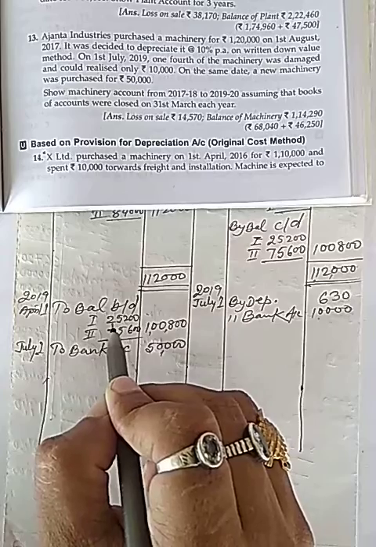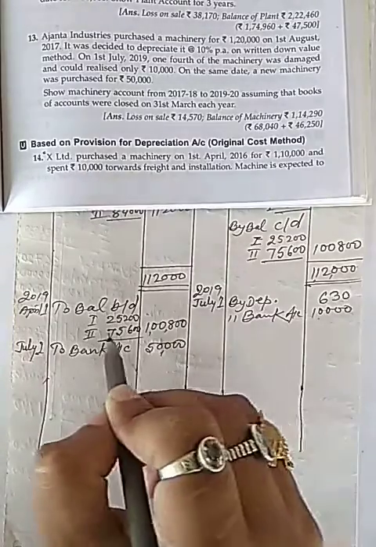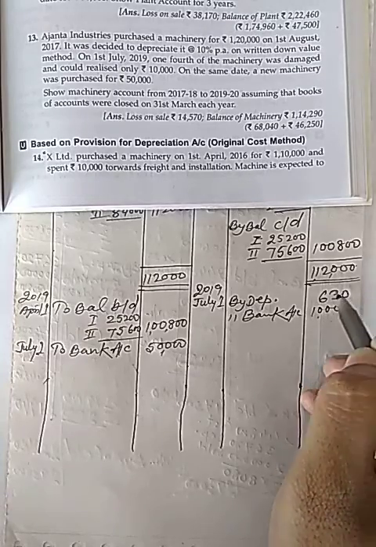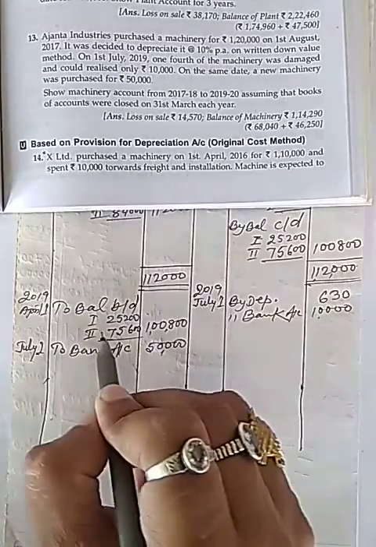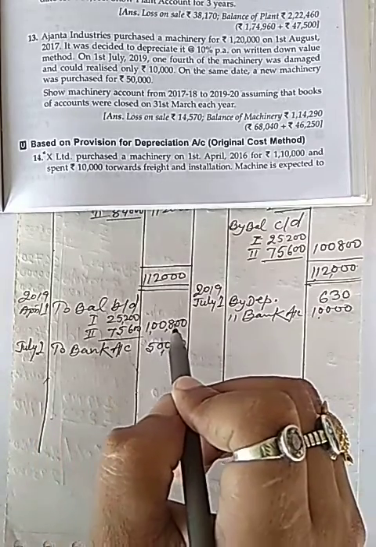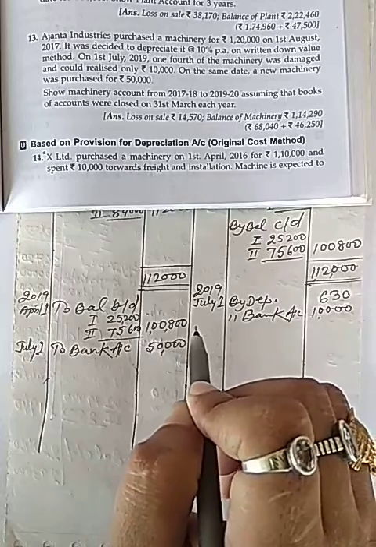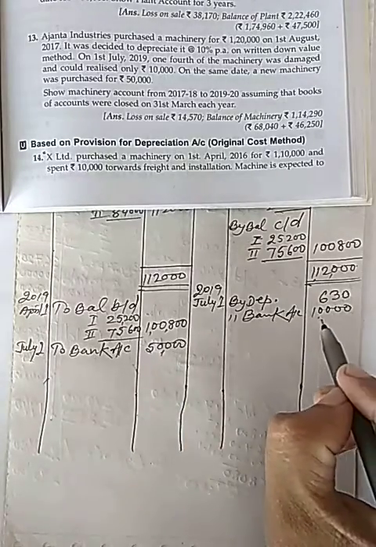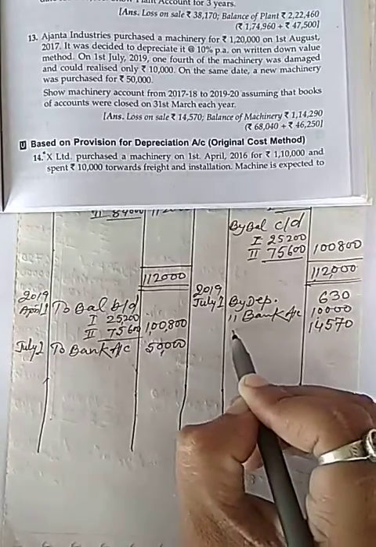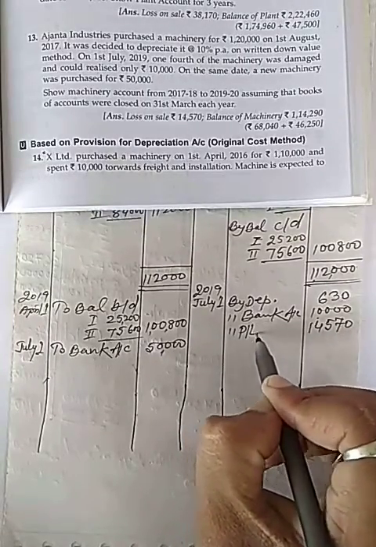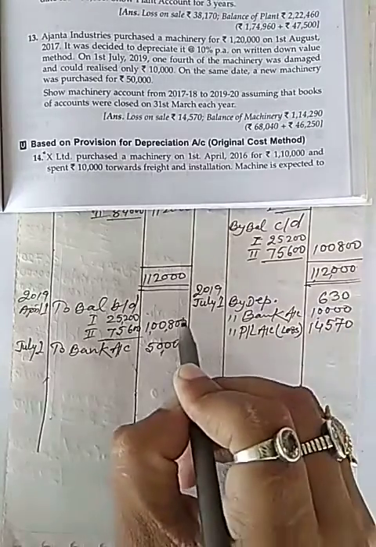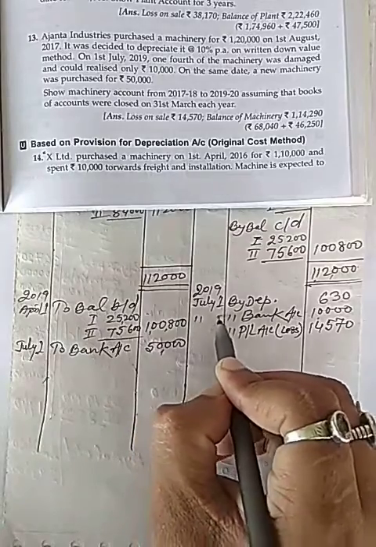I again repeat, when we deduct 10,630 from 25,200, then our loss will be 14,570. So I will write PL account loss on July 1st.